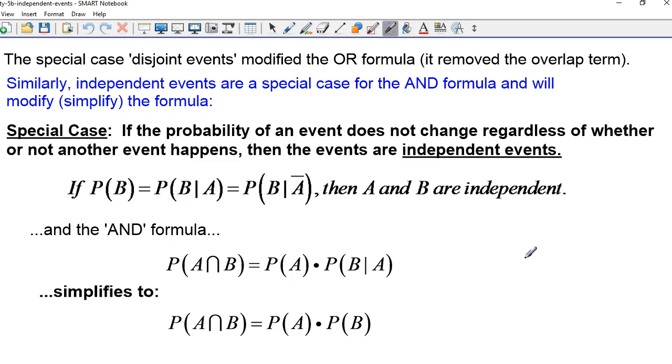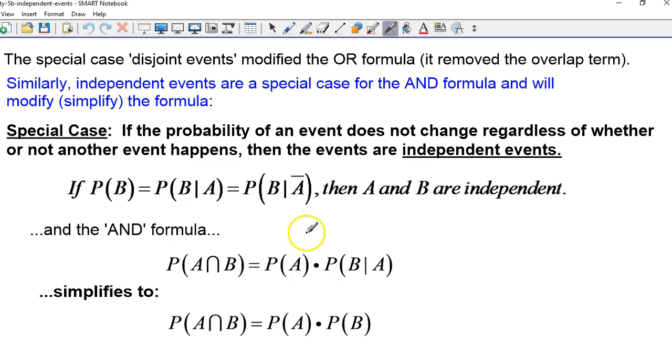Okay, so this special case: when we talked about the OR formula, the catch was that we had to subtract off the overlap, and disjoint events were a special case because there was no overlap and therefore we didn't have to subtract anything. It gave us a simpler version of the formula. Similarly, independent events are the special case for the AND formula, and they're going to modify that formula.